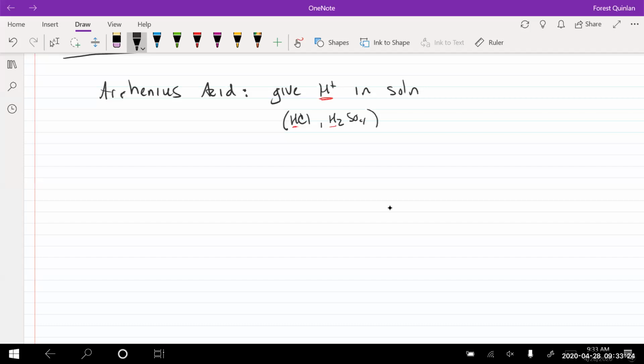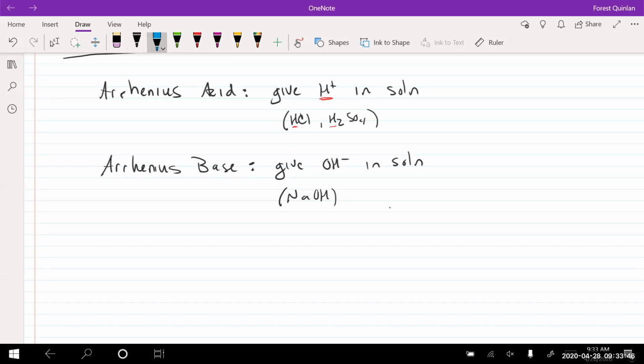Now, if you remember your types of reactions, then it should be no surprise that the Arrhenius base gives us the other half. This will give OH minus in solution. So things like sodium hydroxide, okay?